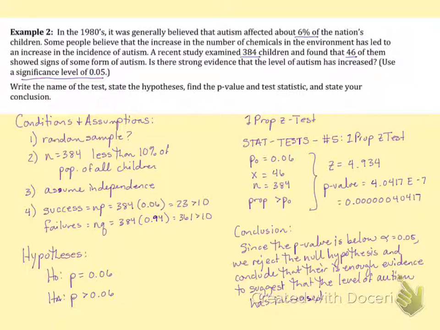So we are rejecting the null. Notice we're not accepting the alternative. That's not what we're doing. We are showing evidence that the null is not true. And then we are saying that there is evidence to suggest that the level of autism has increased. I'm not saying what the level of autism is, but I'm saying that it's higher than 6%. And I'm just suggesting that based on this one sample, that could be what's happening.